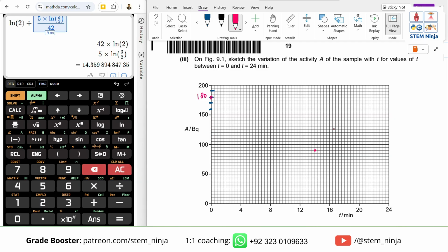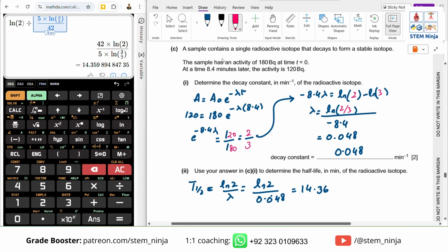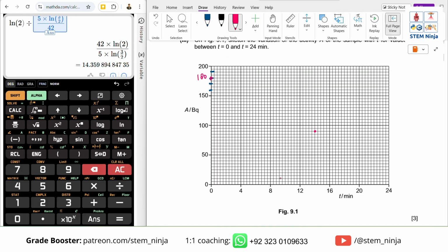I think we can do some intermediate cases also. Previously we had 8.4 minutes to 120. So we need to figure out where 8.4 is. This is going to be 10, this is going to be 9, so 8.4 would be somewhere in between, over here. So 120, roughly over here.